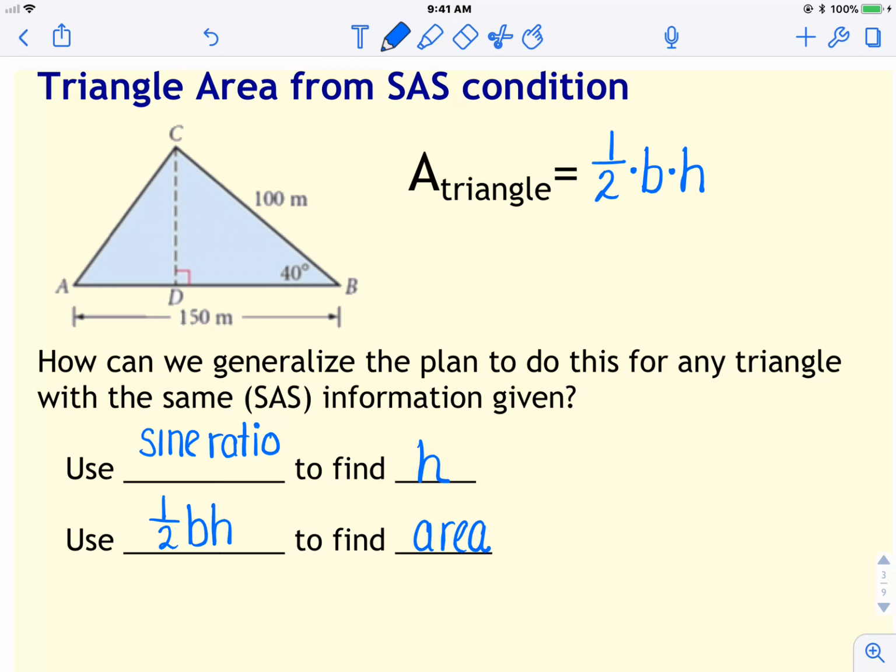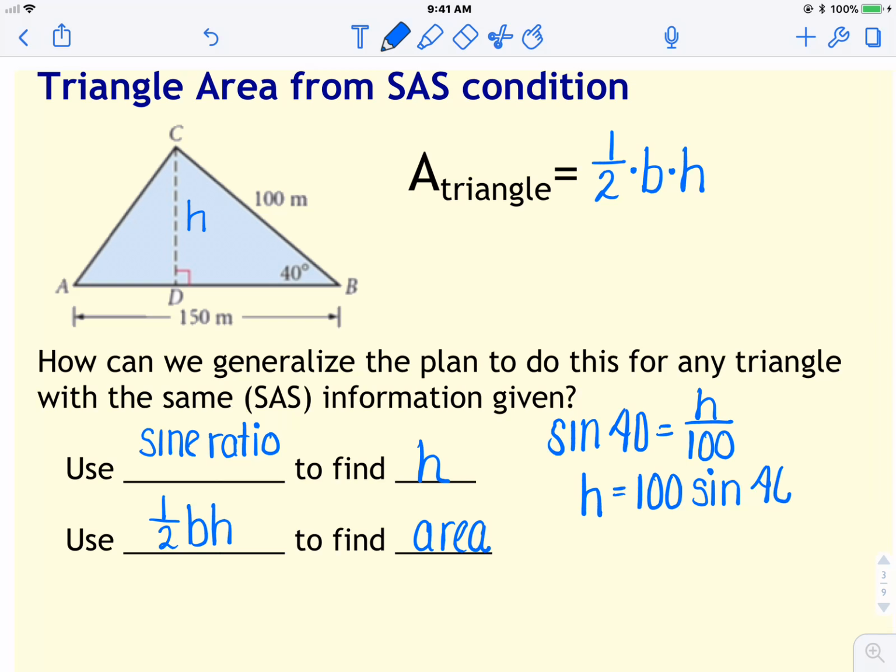With this triangle, if I use a sine ratio to find height, the sine of 40 degrees would be the triangle's opposite side, or altitude in this case, compared to the side length, which serves as the hypotenuse of a right triangle. So we could find the height by doing 100, that hypotenuse length, one of the triangle sides that becomes a hypotenuse when we drop the altitude, times sine of 40.